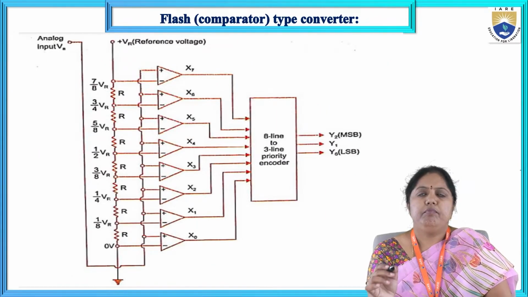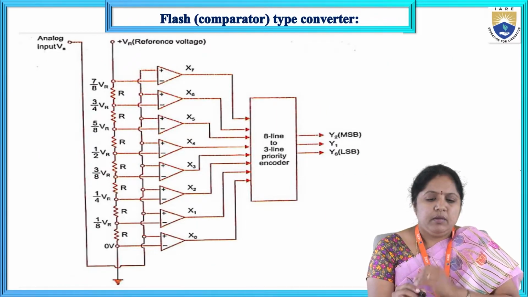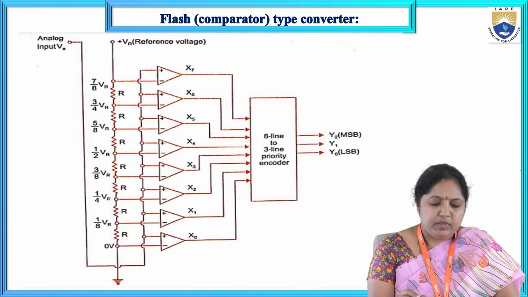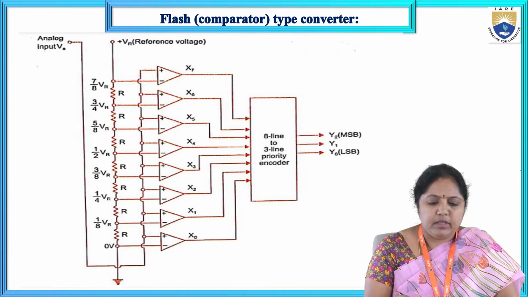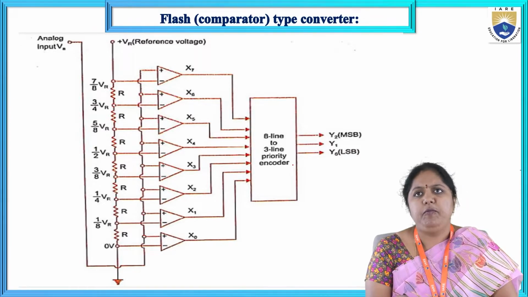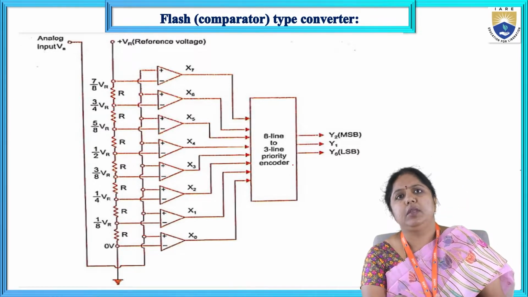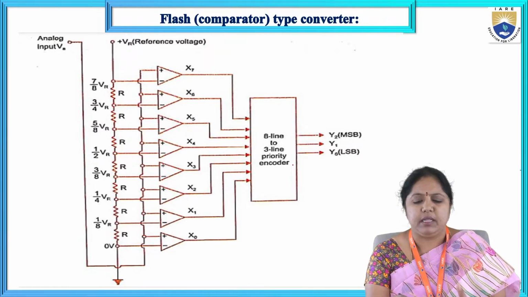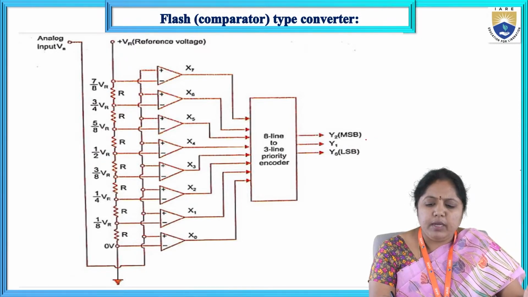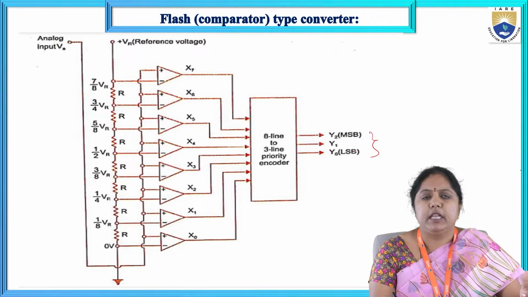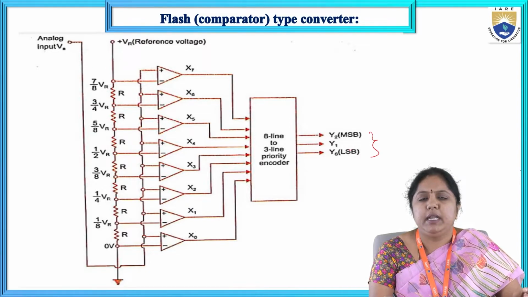So this is the basic diagram of the flash type of comparator. See here, we are taking a 3-bit type of comparator. How can we tell by seeing this circuit that this is 3-bit? If we observe how many output bits I am getting, finally the output is 3-bit. So that's why I am calling this the 3-bit flash comparator circuit, right?